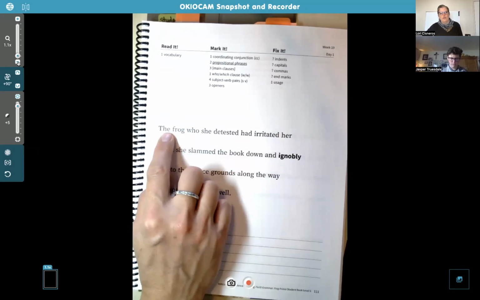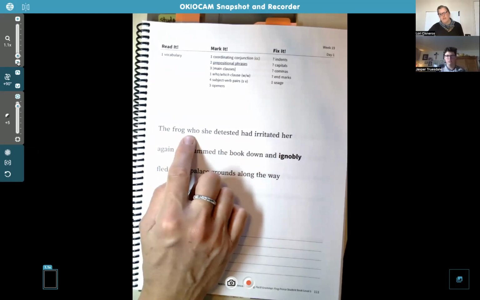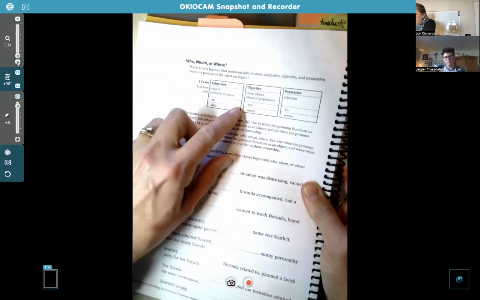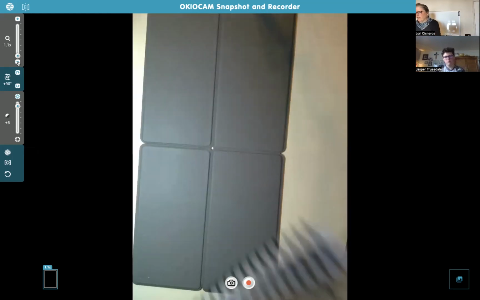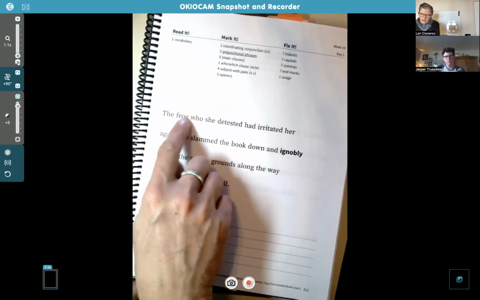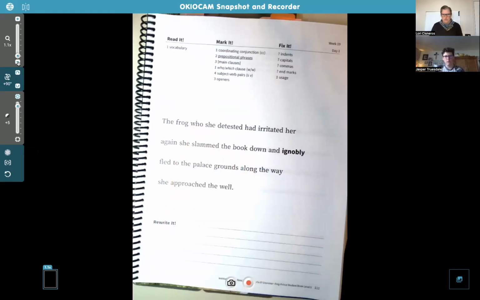So for this one, the frog who she detested would actually be whom, because the pronoun to replace that could be him or her. So just like I drew that little arrow on that last example, she detested him. So this should be whom right here. Does that make sense? Yeah.